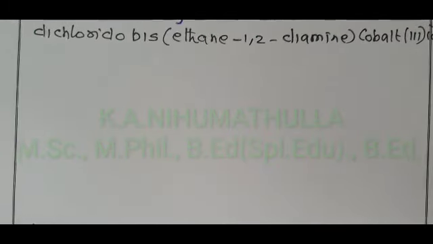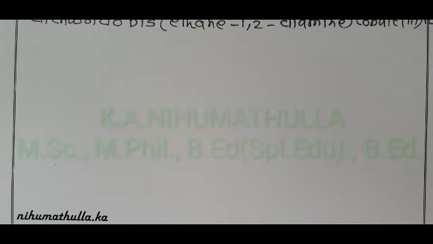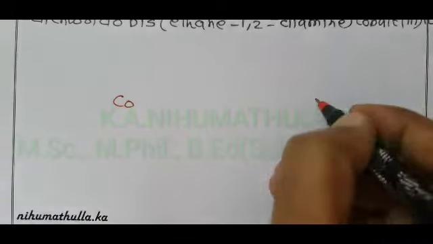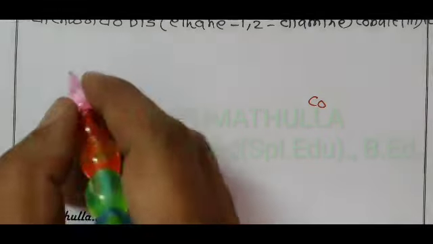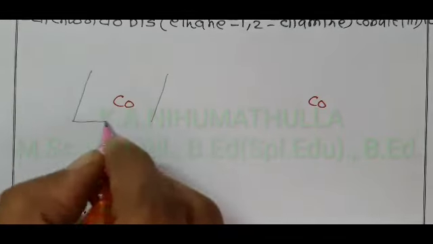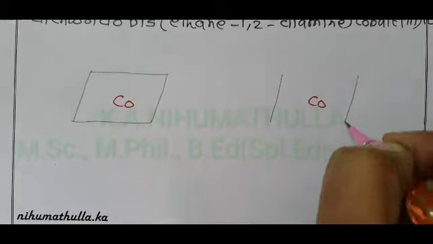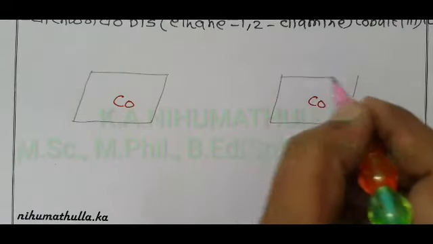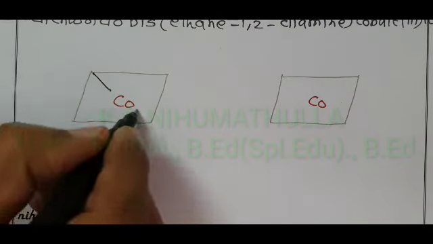Now I am going to draw the structure of this complex. Cobalt is the central metal ion, Co3 plus, cis and trans. First we have to draw the square. Ethylenediamine in which position? That depends upon cis and trans. 4 bonds join all the corners of the square.